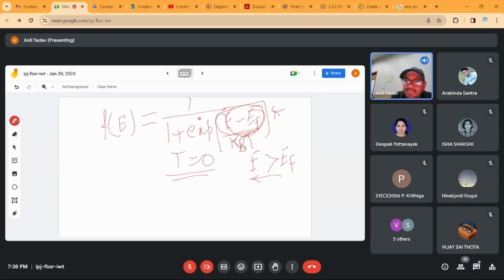So it will be exponential of plus infinity. So this will go to infinity. This whole term, 1 by infinity, is equal to 0. So for all the energies greater than EF, the probability of finding an electron at T equal to 0 is 0.